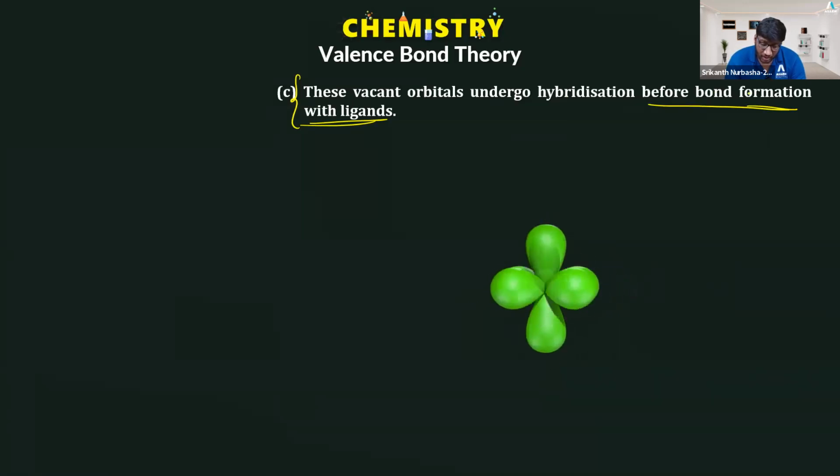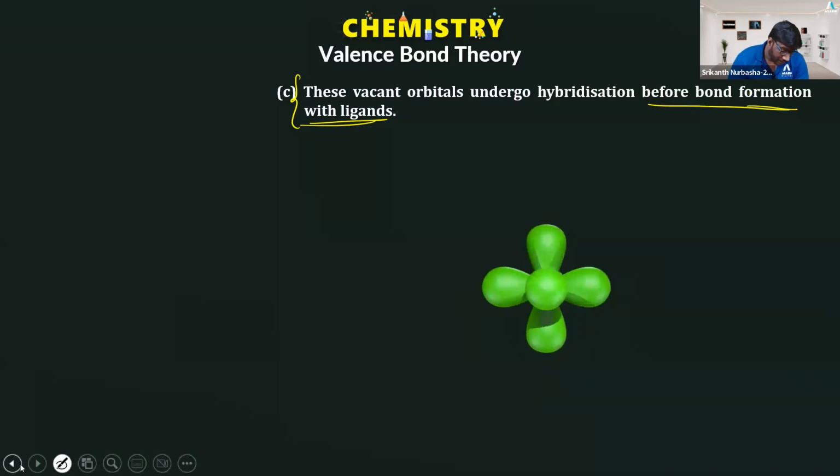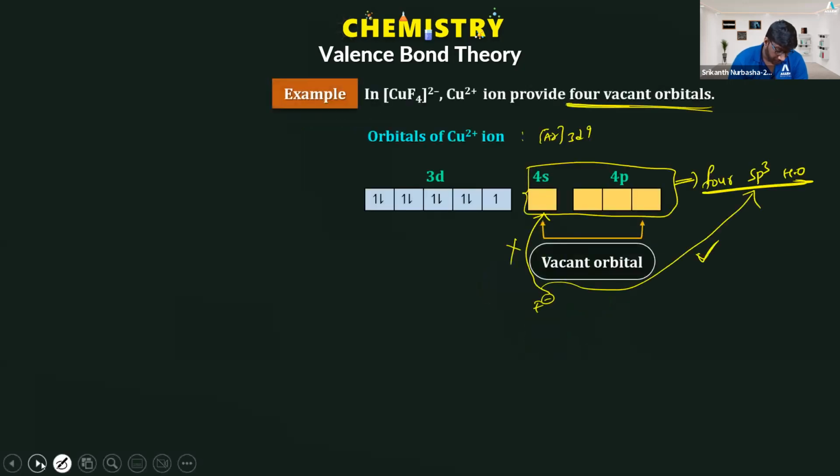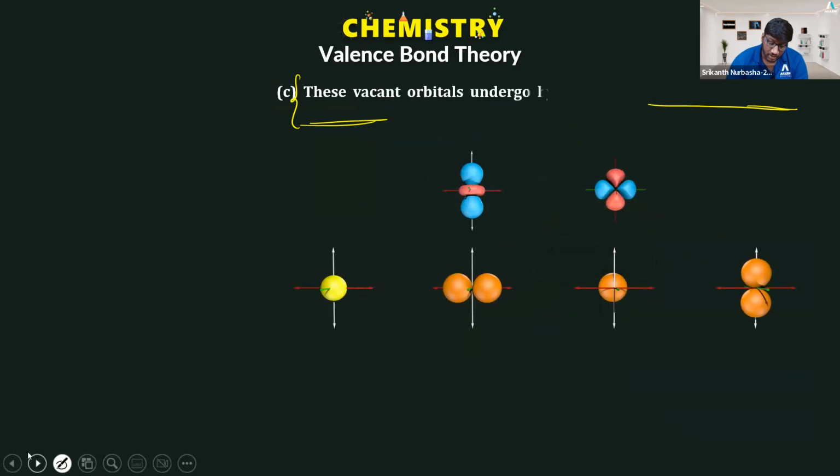So you can see how the hybrid orbitals are formed. Look at the animation or not? I'll play it again. Listen. Observe carefully. See. So we have 4s, 4p, 4px, 4py, 4pz, 3d x square minus y square, 3d z square.